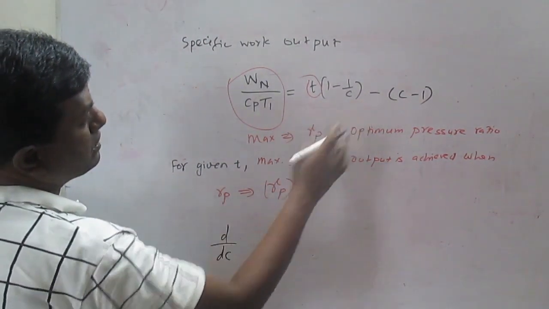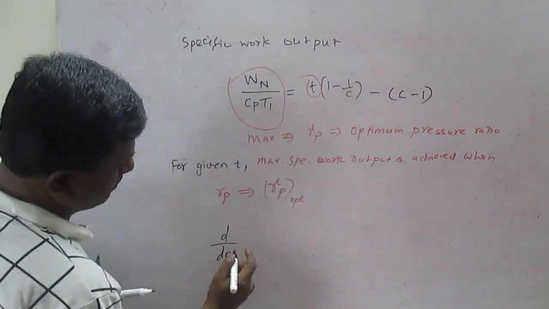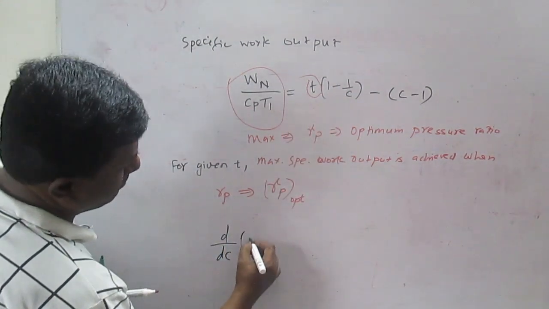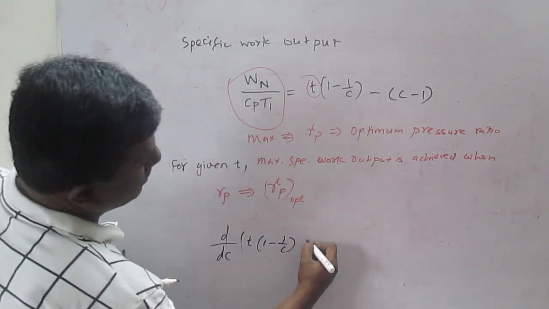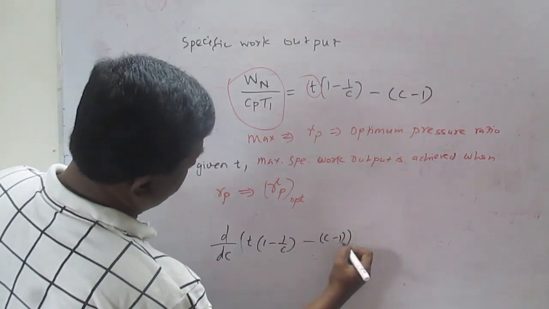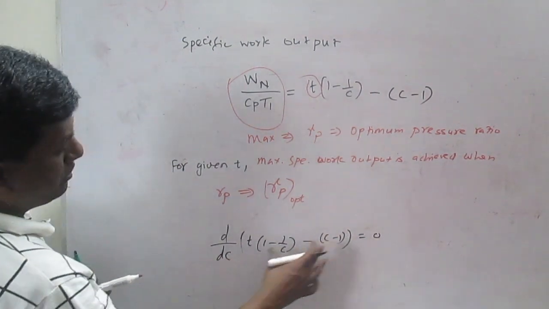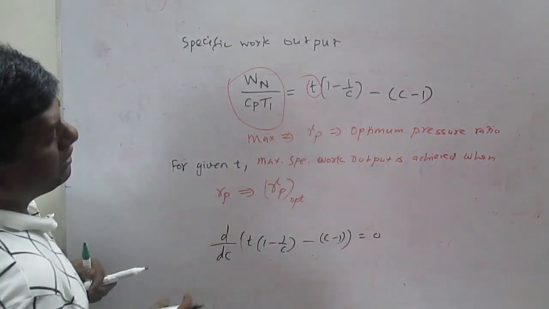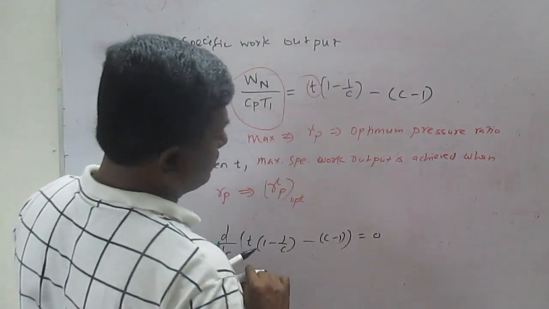If you differentiate, we have this quantity T into 1 minus 1 by C minus C. When we differentiate and set it to 0, from this we get the pressure ratio relationship, which is called the optimum pressure ratio.